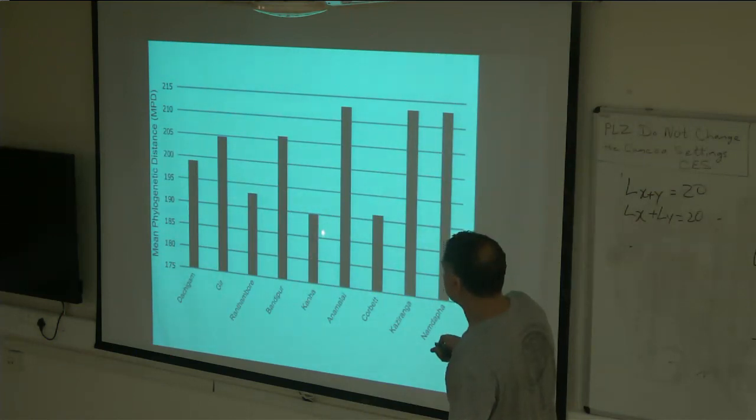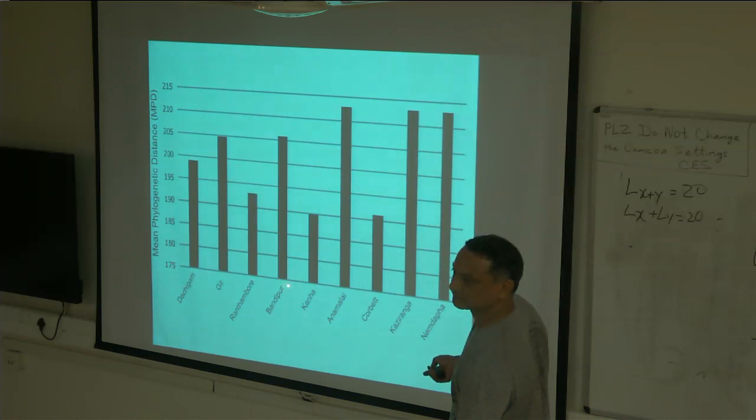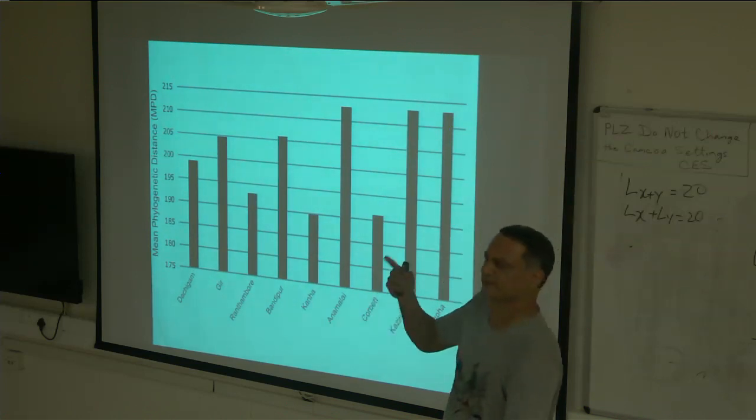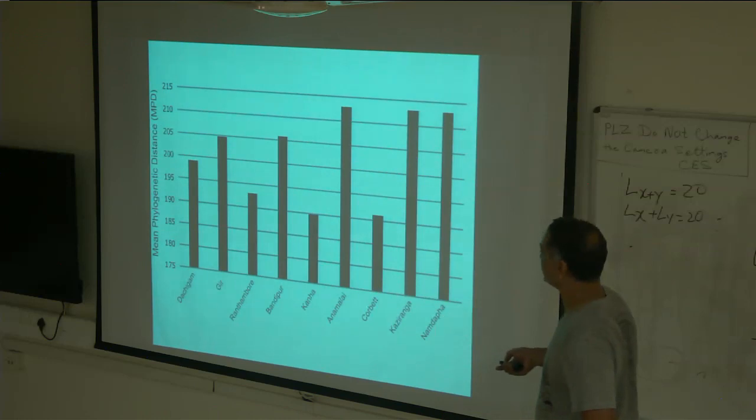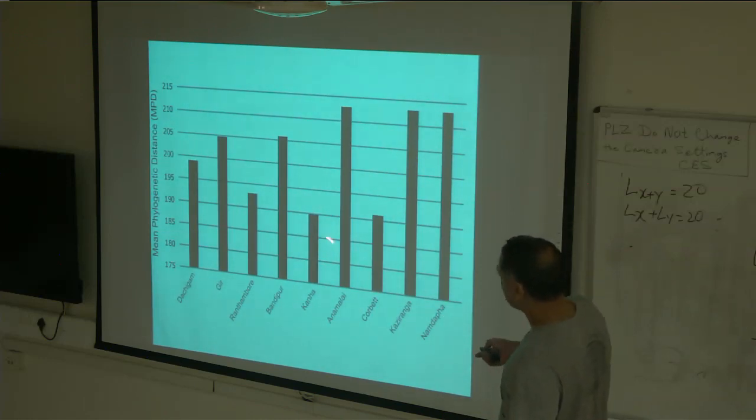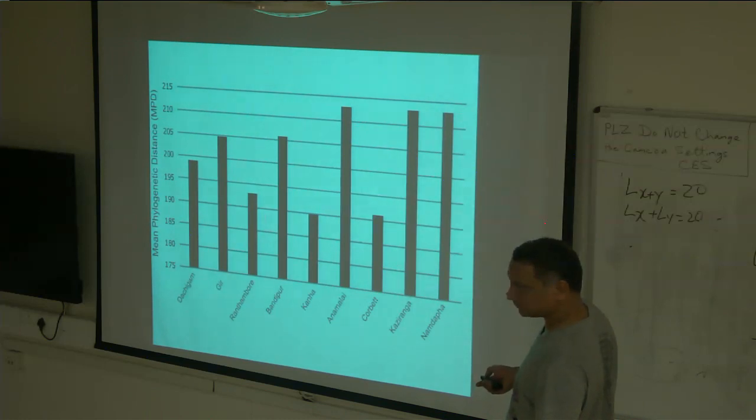In fact, there is a drop here in Kana also. As far as I know, Kana does not have elephants. Am I right? Anyone? Kana does not have elephants, right? Corbett has elephants.